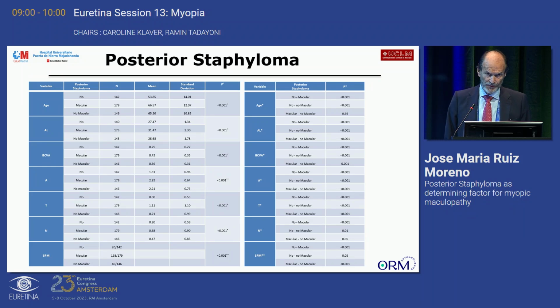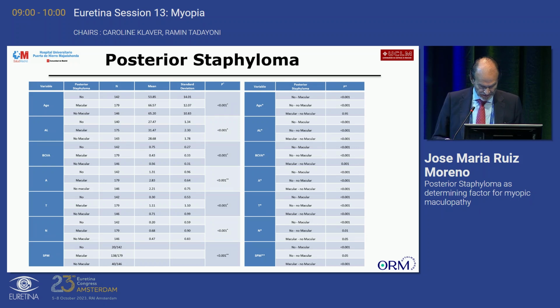In comparing these 3 groups, we again find statistically significant differences, which allow us to conclude that macular posterior staphyloma is the principal factor for developing myopic maculopathy, with different axial length, no different age, worse visual acuity, and more atrophy, traction, and neovascularization components. Also, the number of severe pathologic myopia cases was statistically higher in the macular staphyloma group.